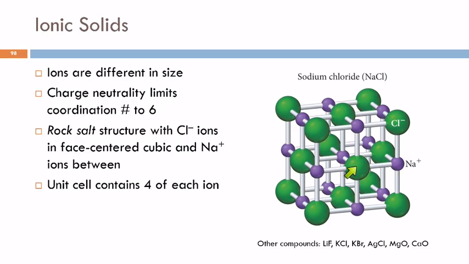The chloride, though, we see here, this is the face-centered cubic structure, right? Here's the face. And then the sodium ions go in between those. So each of these unit cells has 4 of each ion, 4 cations and 4 anions. Other compounds that do this are listed down here. And they're going to form this structure because they have equal charges on the cation and the anion, and one of the ions is significantly smaller than the other.